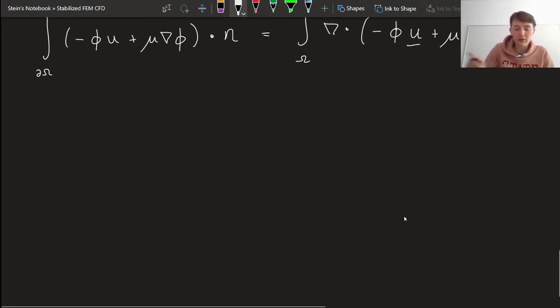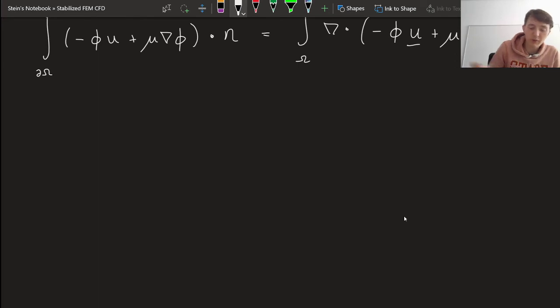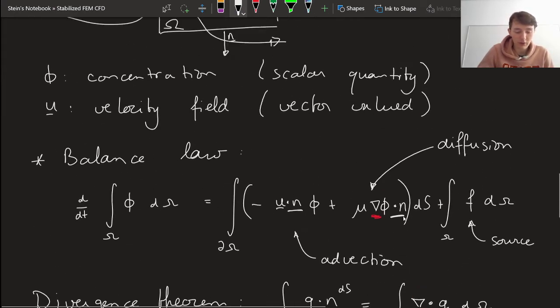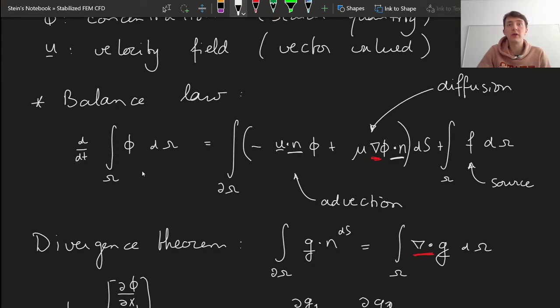So what does our balance law look like right now? Well, if I move everything dependent on u to the left hand side, then I would say an integral over omega of, and we're allowed to pull this time derivative into the integration, right? The integration and differentiation can be swapped in terms of order. Then I'm moving this term to the left hand side, then I'm applying the divergence theorem.